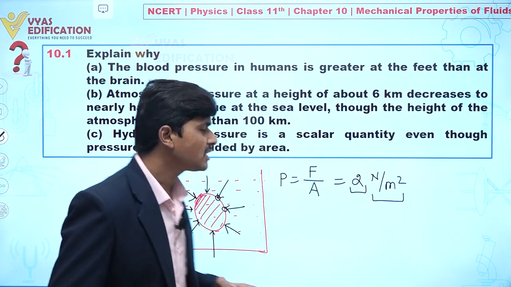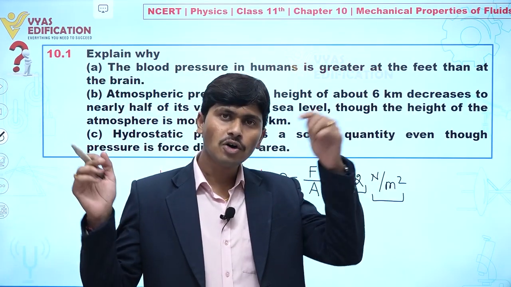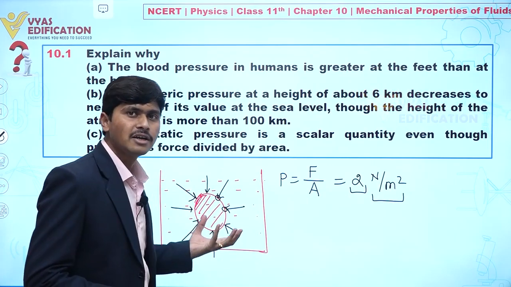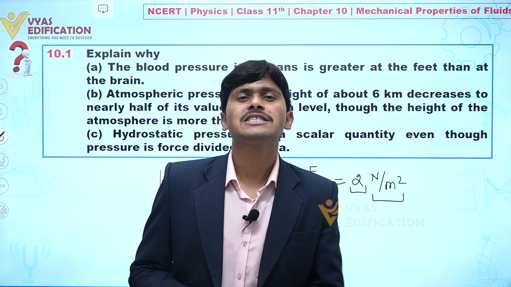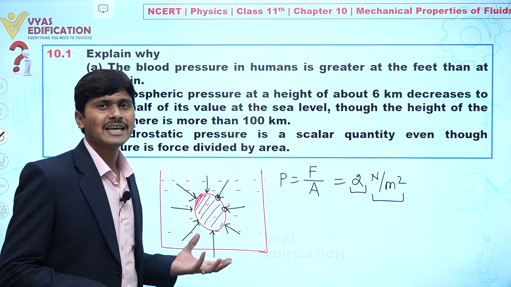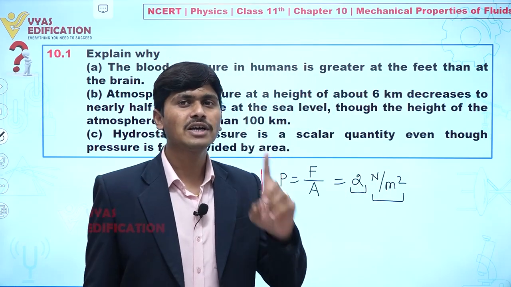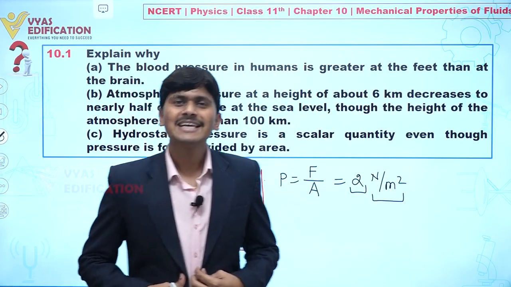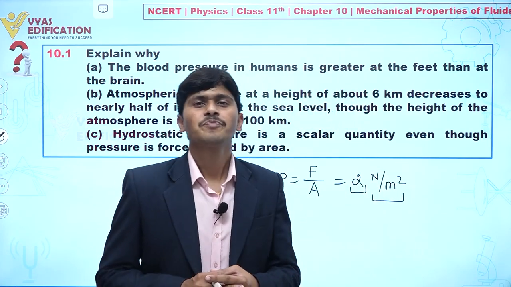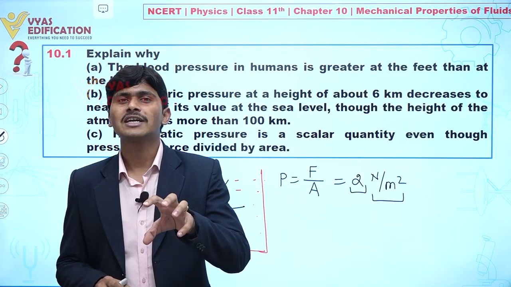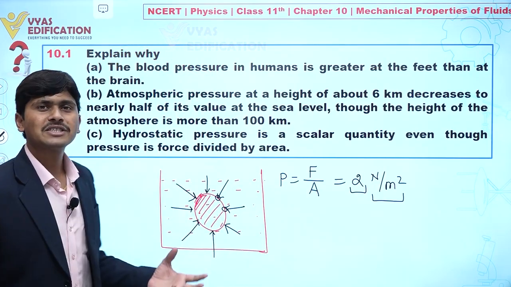The force acts from all sides on this ball. So although pressure acts with direction, that direction is not a certain, unified or particular direction. We cannot put hydrostatic pressure in the vector quantity category, so we put this physical quantity in the scalar category. So this is all about this question.